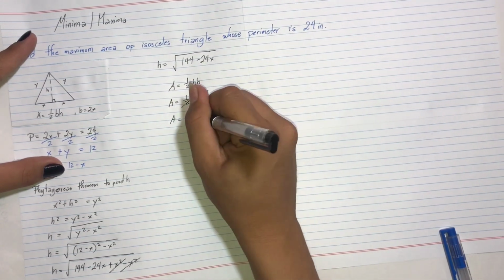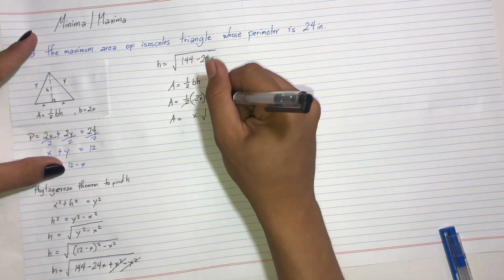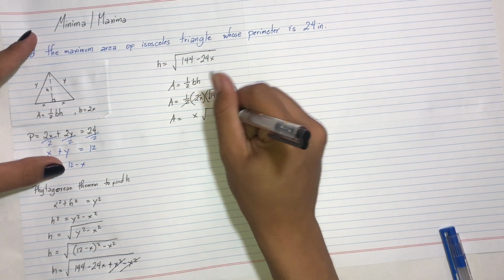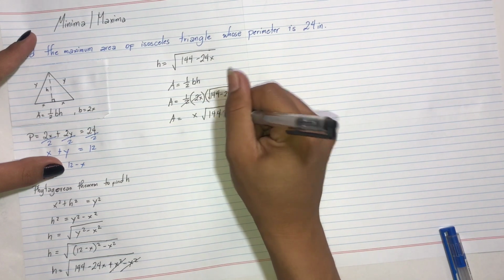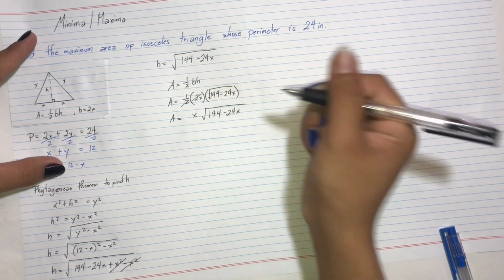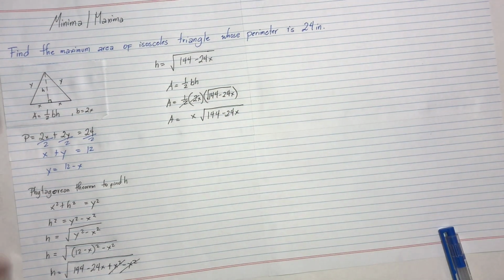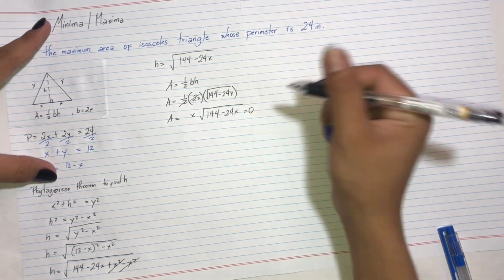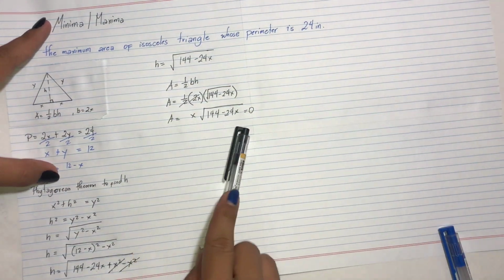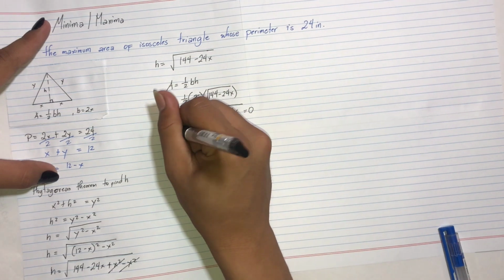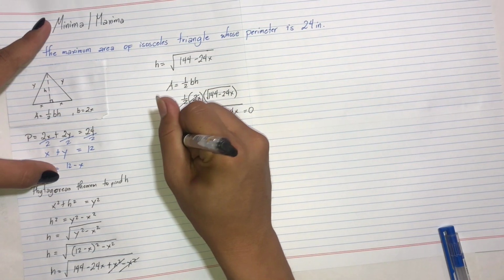Area is equal to x times the square root of 144 minus 24x. Since the equation is expressed in one variable, we can now differentiate it.